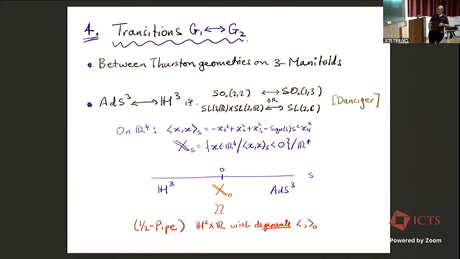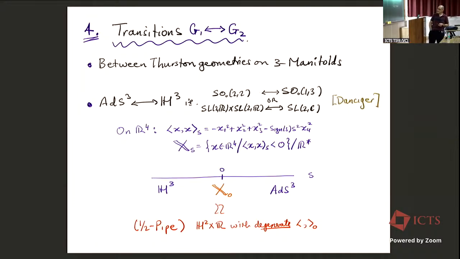There's a related transition that was described by Jeff Danciger, looking at the geometries associated precisely to SL2R cross SL2R or SL2C. This is the one that I mentioned earlier.